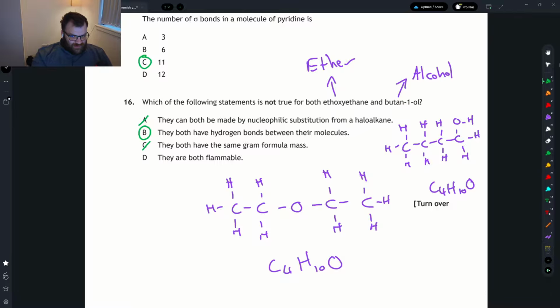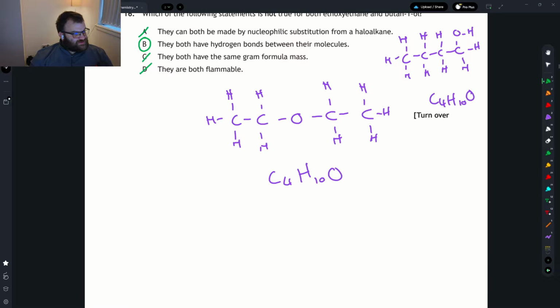They are very flammable, so ethers have that whoosh, quick, fast flame, alcohols you've used, burning them to work out the energy release from them. So they are both flammable, so that rules them out as well. A, C, and D can all be proved relatively easily. They are all facts about these two chemicals. B is going to be the answer to pick up our mark.